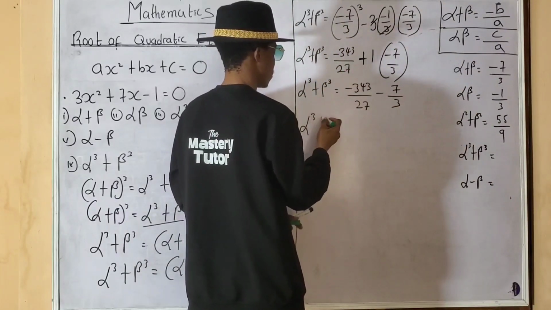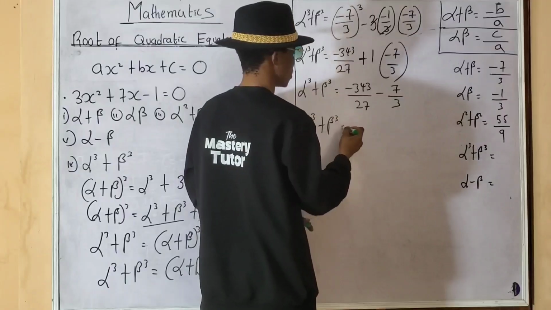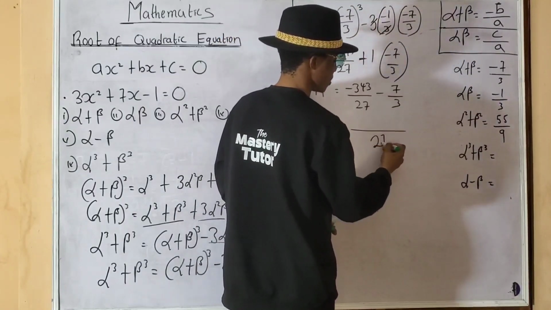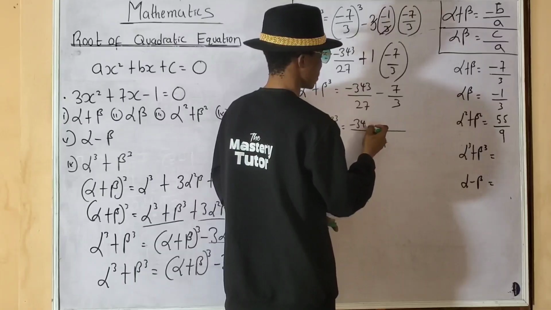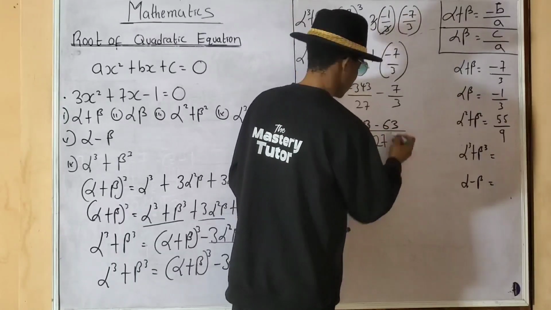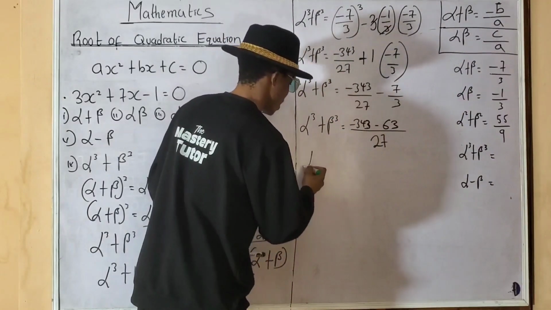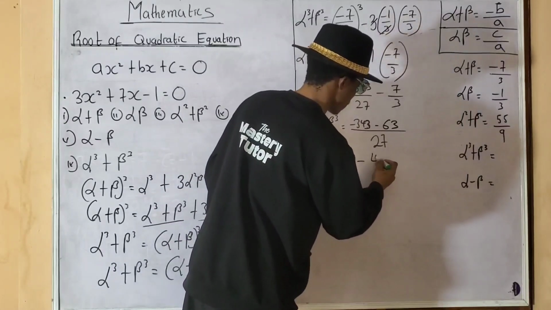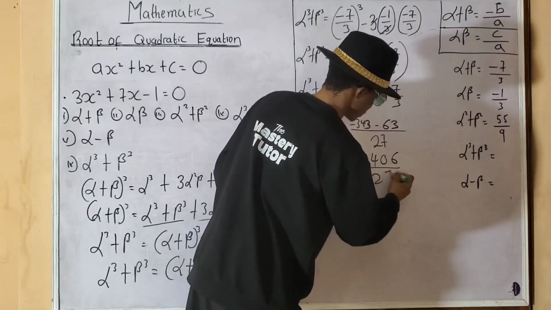So alpha cube plus beta cube will be equals to, what is the LCM? The LCM of 27 and 3 is 27. I'm going to have negative 343 minus 63, okay? So I'm going to have alpha cube plus beta cube will be equals to negative 406 all over 27.